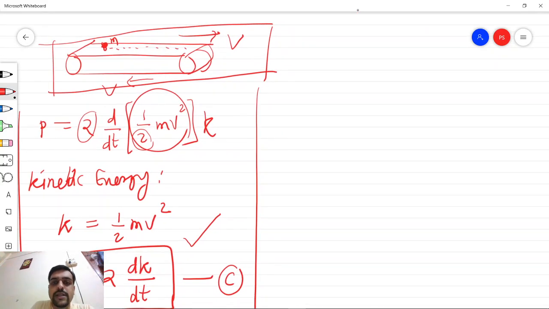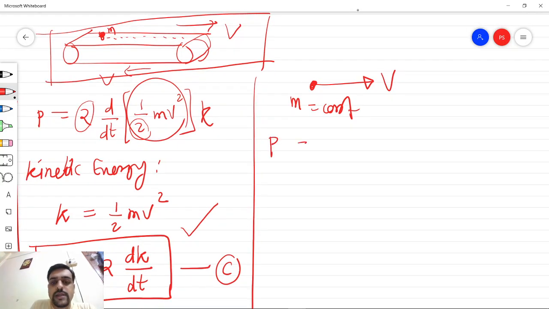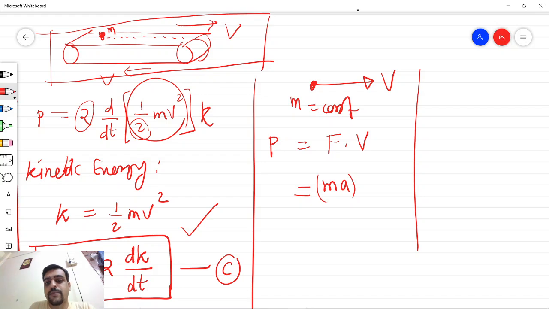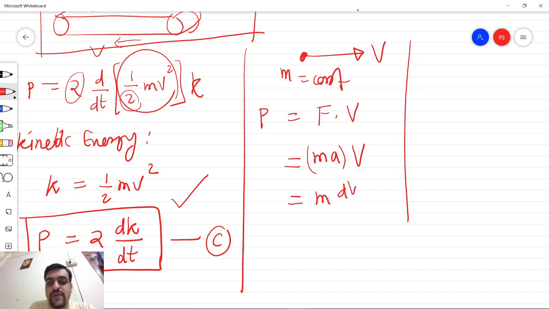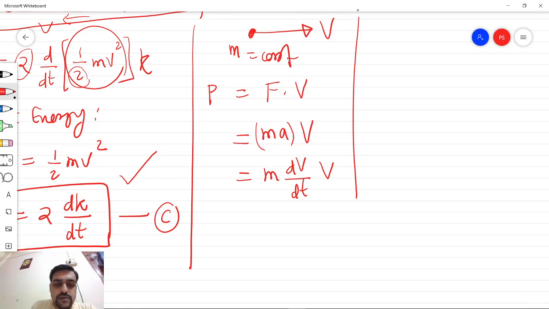Now for an ordinary mass m, which is fixed, which is moving with velocity say v, we should get the power equal to force into velocity as usual. Now if mass is constant, force is just mass into acceleration into v, and acceleration is dv by dt by definition. So this can be written as 1 by 2 m of twice dv by dt into v.